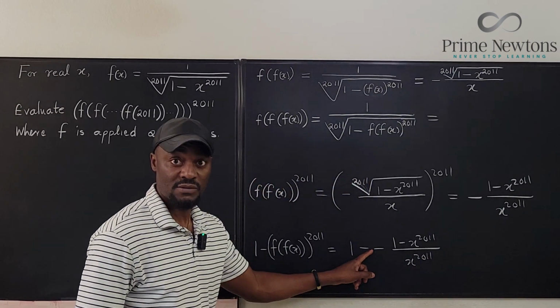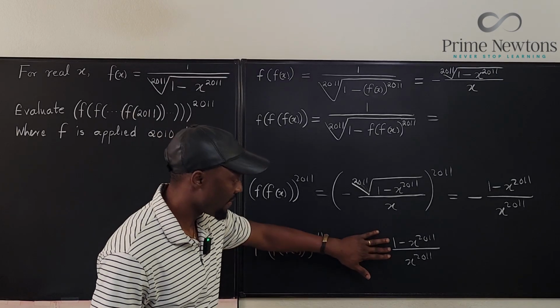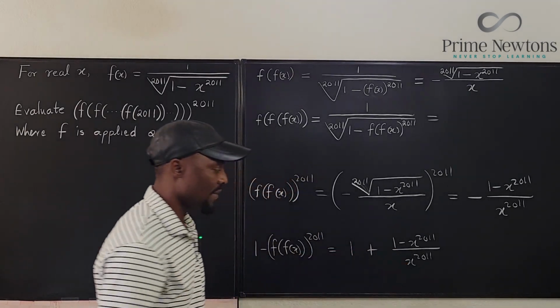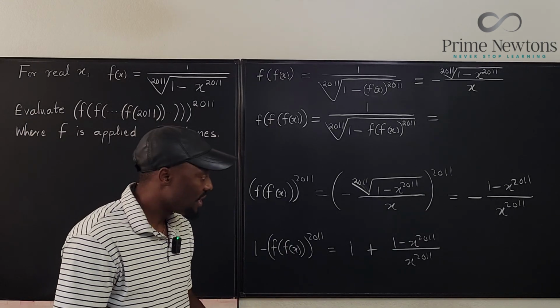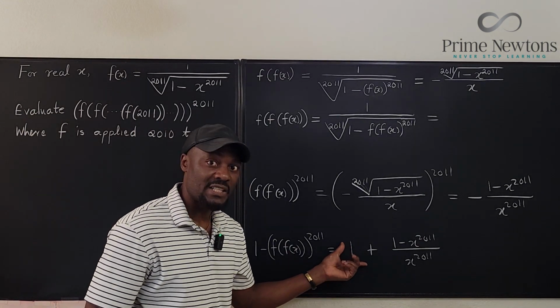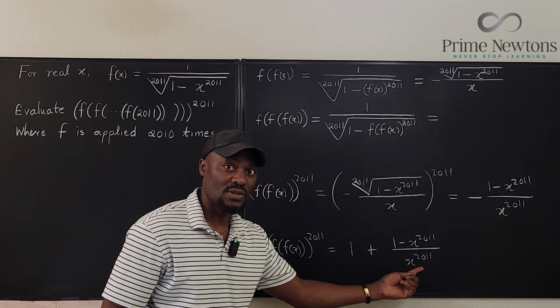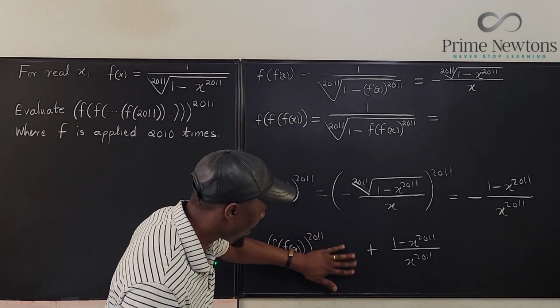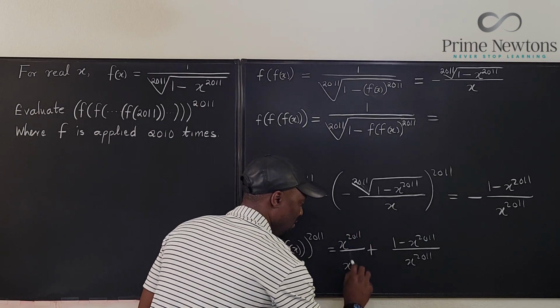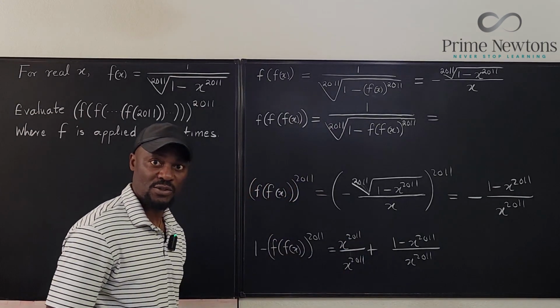Well, minus minus gives us a plus, so I'm going to change this. If you collect like terms, which means you make this also an expression with a base of x to the 2011, I can rewrite this one as x to the 2011 over x to the 2011. That's another way to write 1.